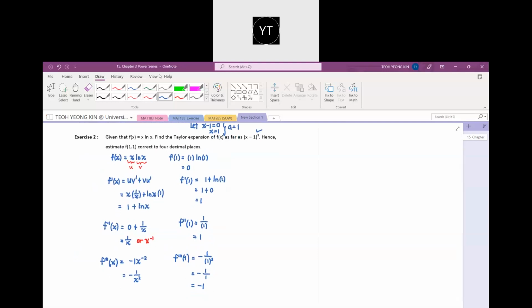So as I mentioned before, please remember the formula. Setiap kali buat soalan ni, tulis formula dia.